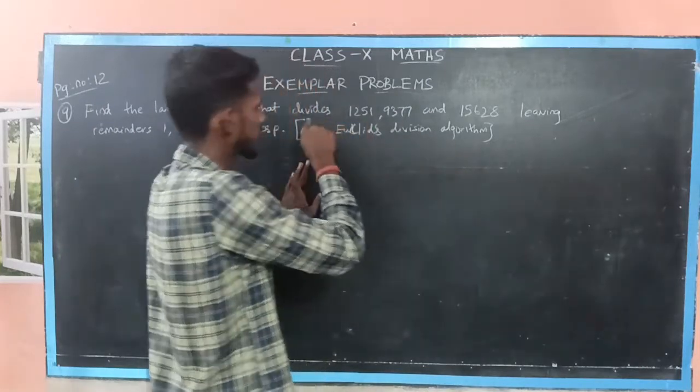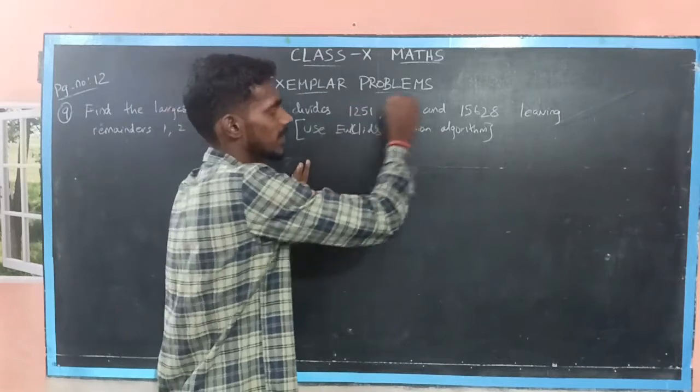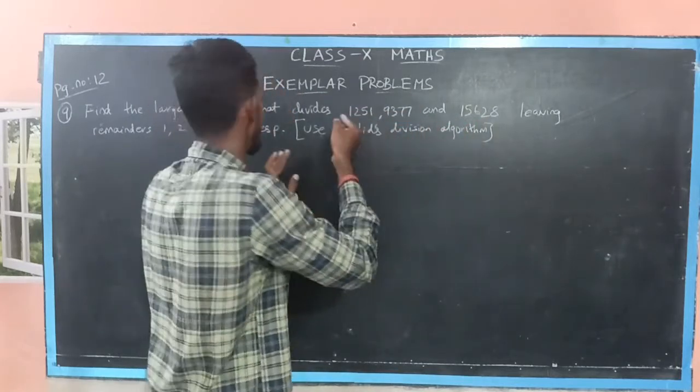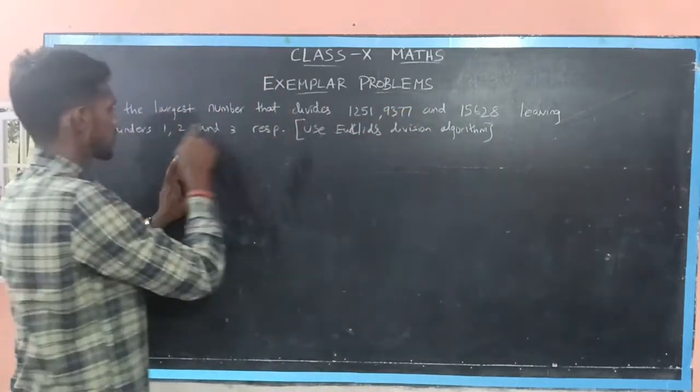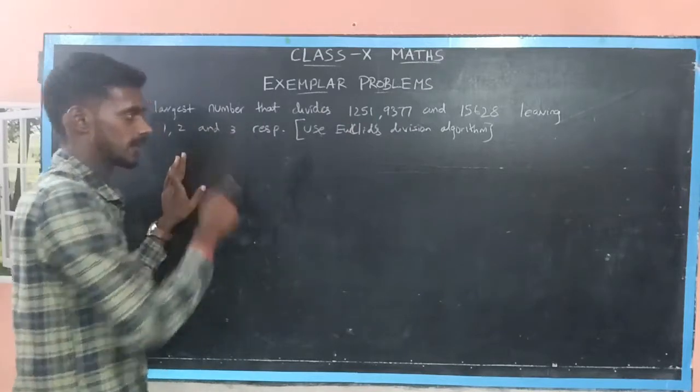So, we have to find the highest common factor between these numbers after subtracting 1, 2, 3 respectively.